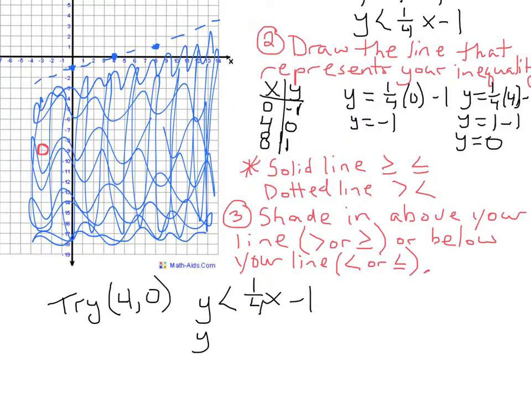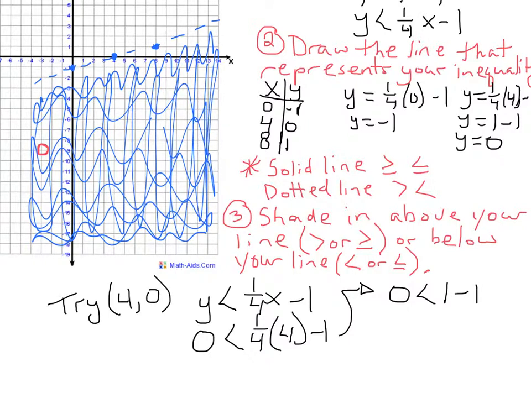So y in this case is 0. 0 is less than 1/4 times 4 minus 1. 1/4 times 4 is just 1, minus 1. So I would get 0 is less than 0. Is 0 less than 0? No, this doesn't work. Does not work.